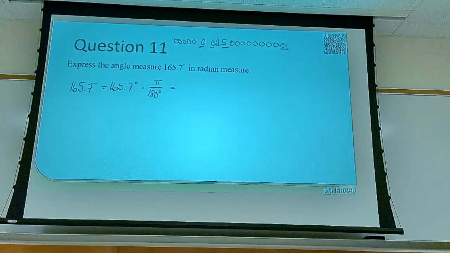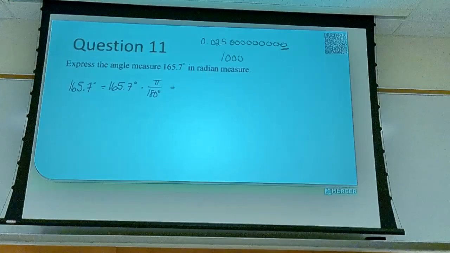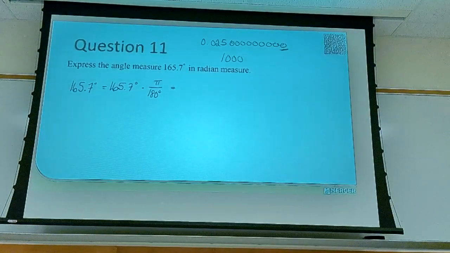Because now, if I write out this far, what this is saying is that we are confident in this measure up to that digit. However, those zeros are not considered to be significant.